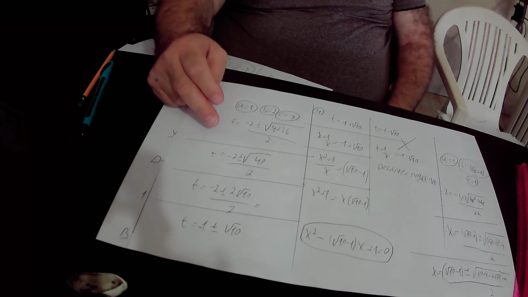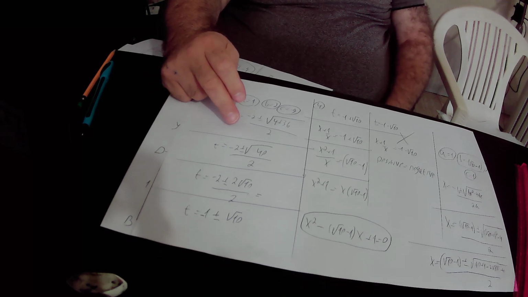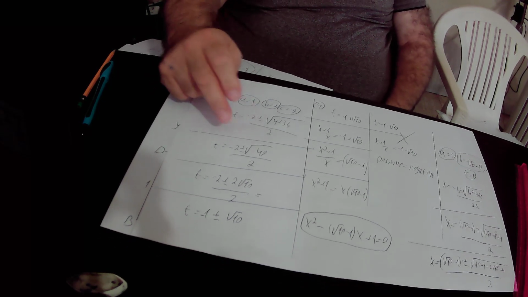Then we found out that t equals minus 2 plus minus square root of 36 plus 4, which is 40, over 2.